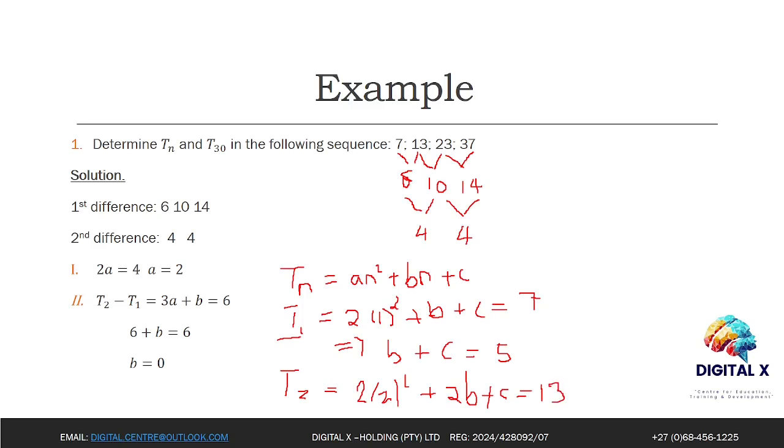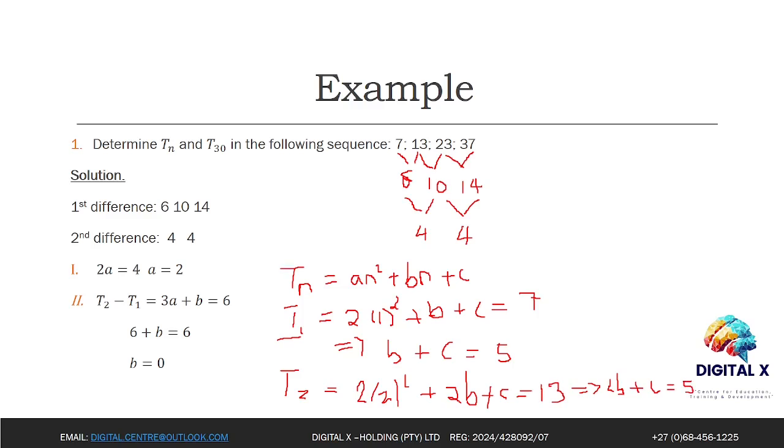So if you write this down, after doing basic transposition, we have 2b plus c, which is equal to, when you transpose, so this is 4, it is 8. So when you subtract 8 from 13, it gives you 5.